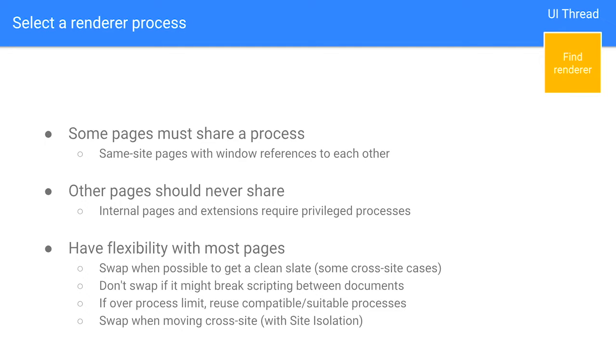It is based on the amount of RAM that the machine has. We pick, here's an arbitrary calculation of how many processes we want to use. Once we hit that limit, we try to reuse existing processes as long as they match in their security properties and they're compatible with what we want to render. We'll try to use it in a semi-random fashion. And then when we're moving cross-site, that's where site isolation comes in. We must change processes because a.com is not the same as b.com.